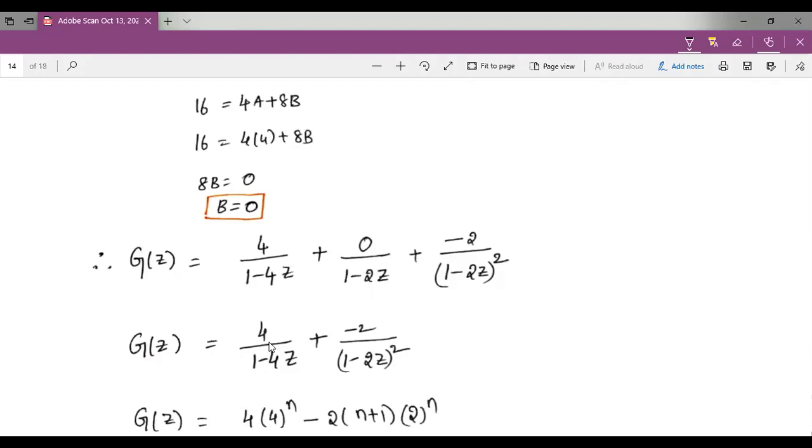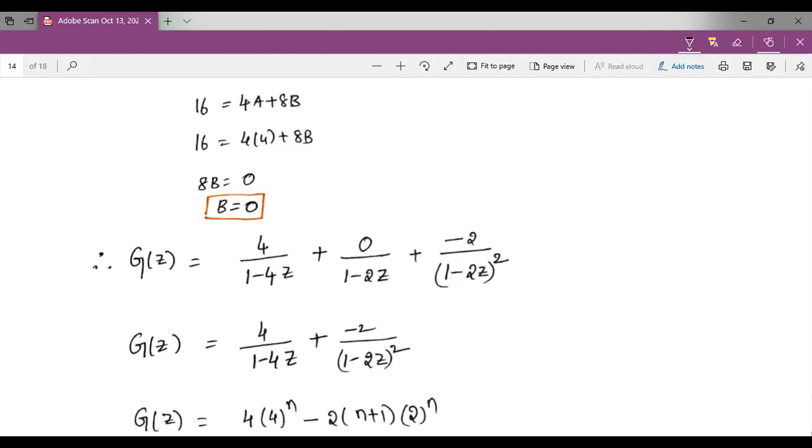So this is of the form, for a constant, 1 by (b minus az). What is the sequence form for 1 by (b minus az)? b into a power n. So here the b value is 1. So you need to write 1 into 4 power n. Minus 2, here repeated linear form, 1 by (b minus az) whole square.